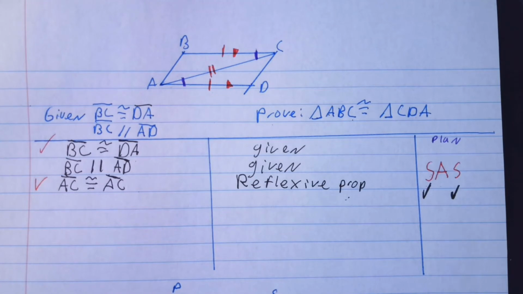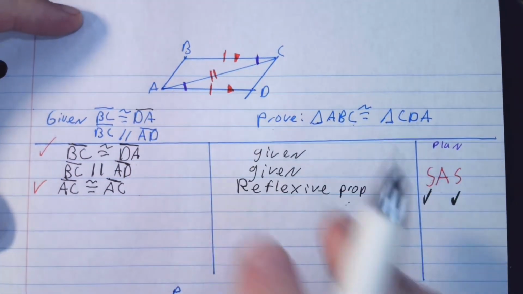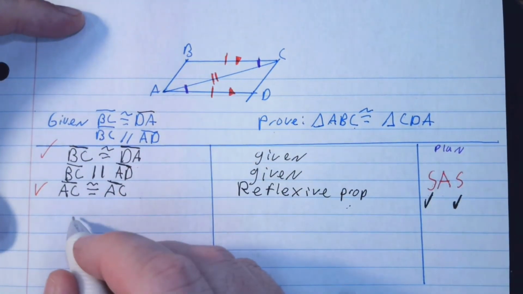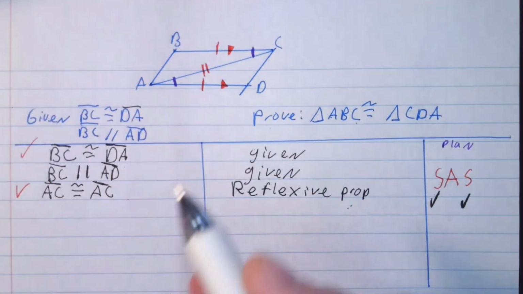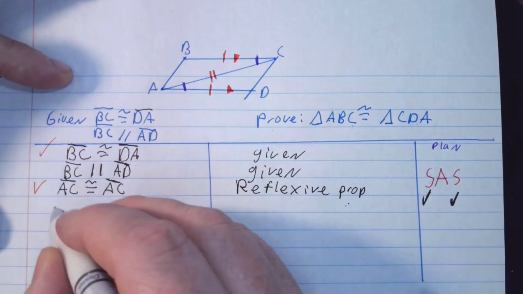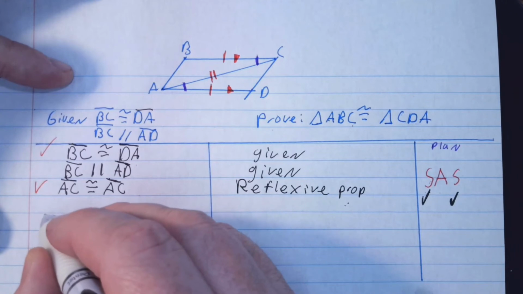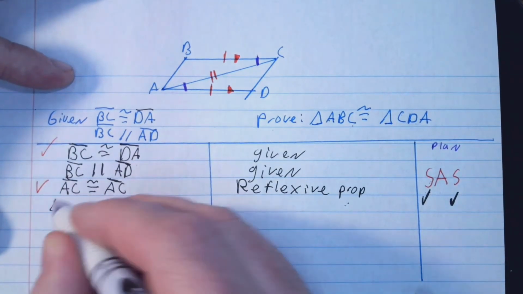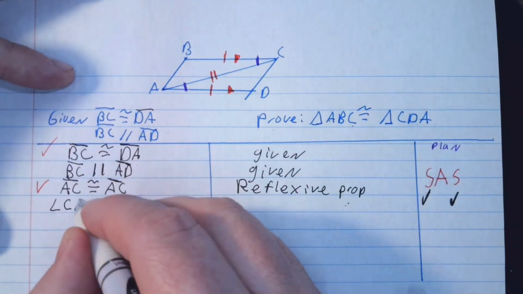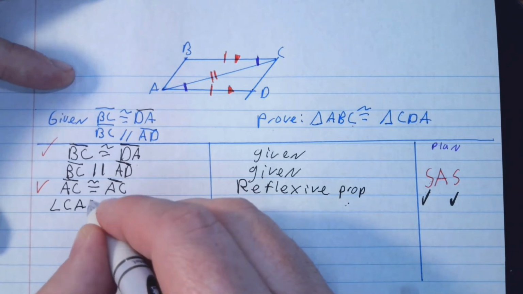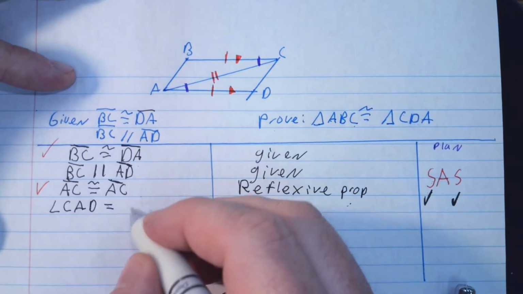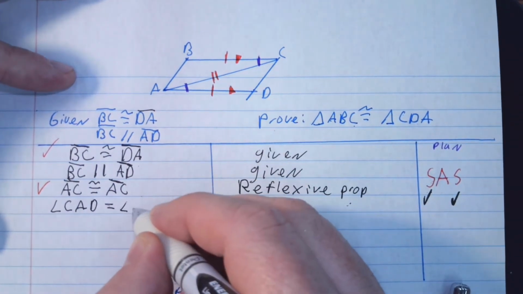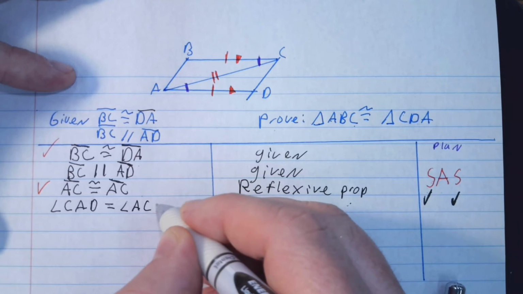So I don't know what to do, but I probably know that this problem is going to work out because Mr. Crowder gave it for your first problem, so it has to work out. I wouldn't give you a trick. So I bet you that angle CAD is congruent to angle ACB.